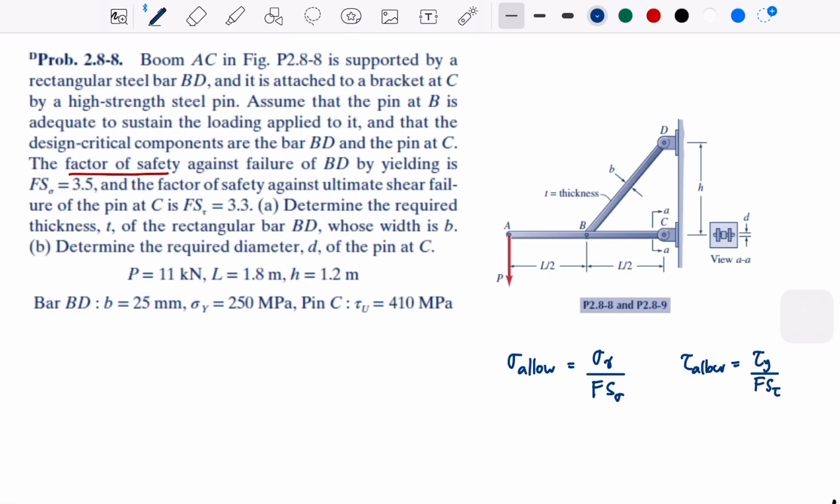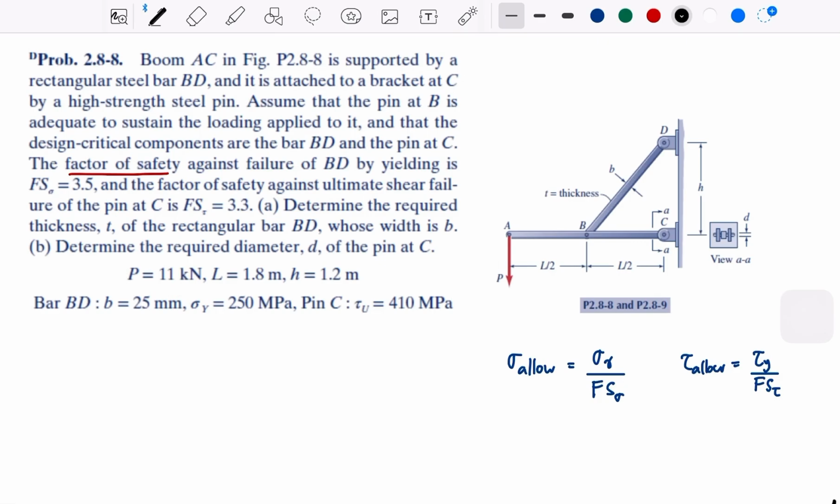Okay, and then we start to take the free body diagram. Remember, the first statement of the question is that boom AC is supported, which means the main body is this one, because it is the one supported by this.